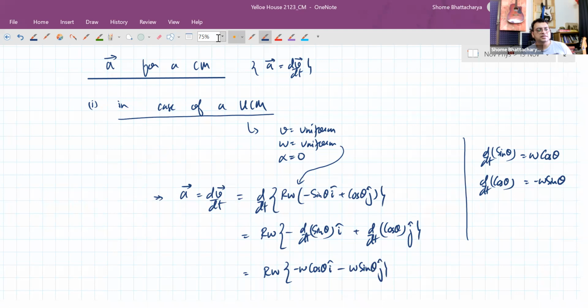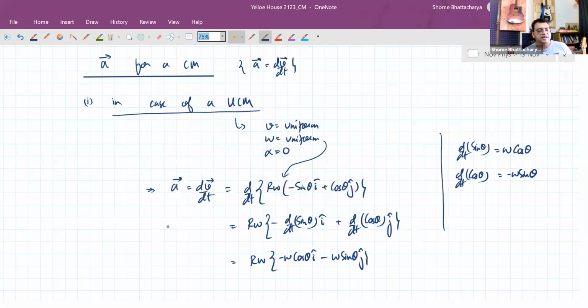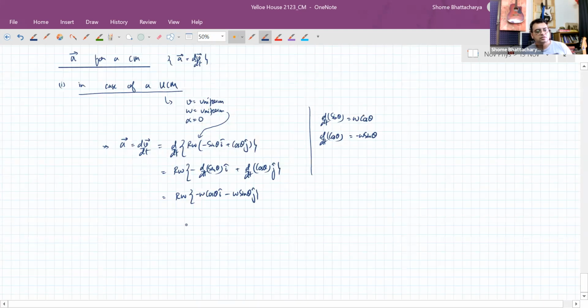So we can take the minus sign common, and we'll see that the acceleration vector, minus omega we can take common. So we can see it points along minus of r cap. That means it points towards the center. So you can see that this acceleration vector is minus r omega square r cap in a uniform circular motion.